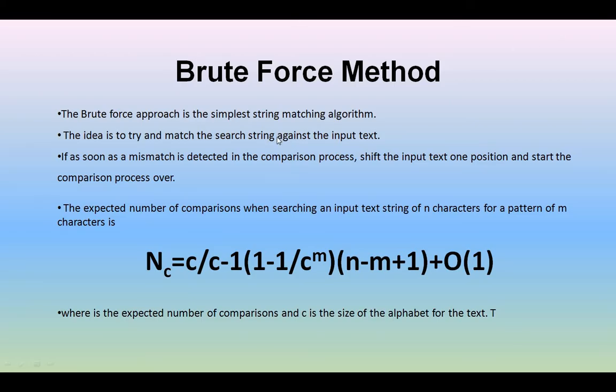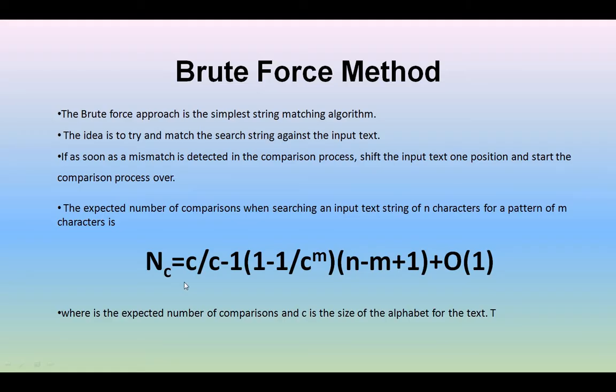So how many comparisons have been done and how many mismatches have occurred, we have to identify here. For that, the formula is given as the number of comparisons, where C is nothing but the comparison minus 1, and M is the number of characters.